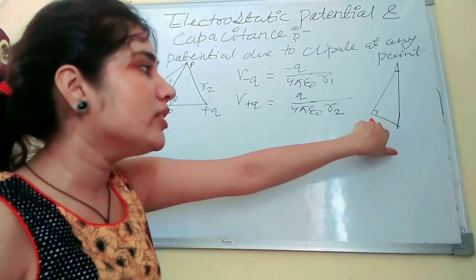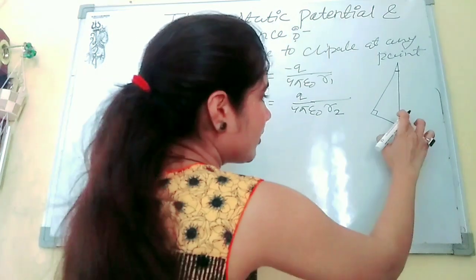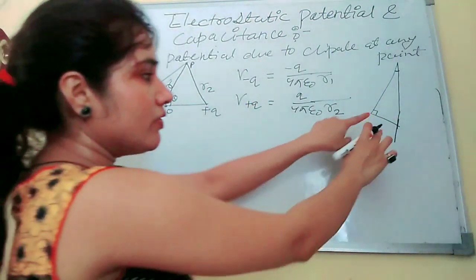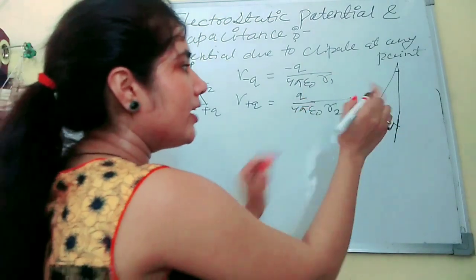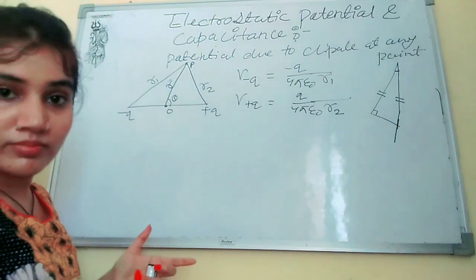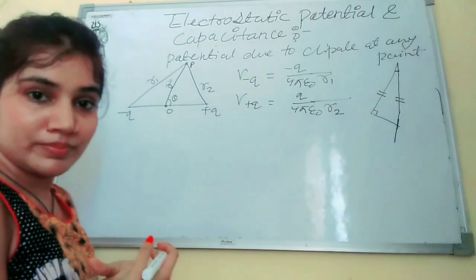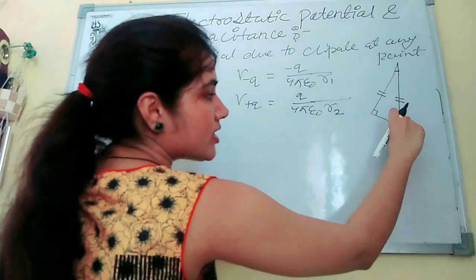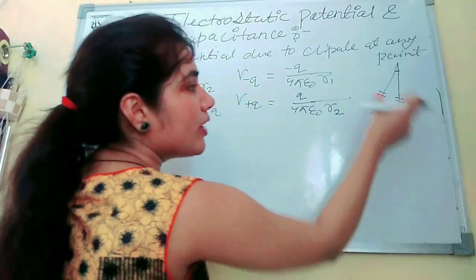This is the perpendicular we have taken, and this is extended like this. After taking the perpendicular, this line and this line become equal, and the extended line will be the difference of the two lines.